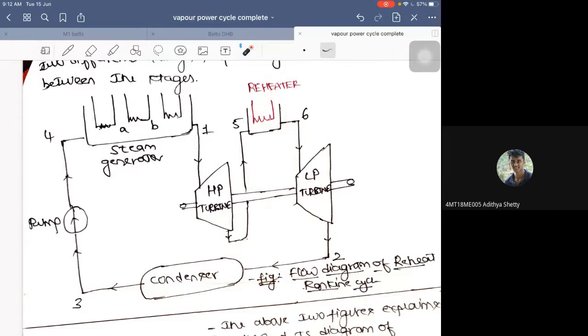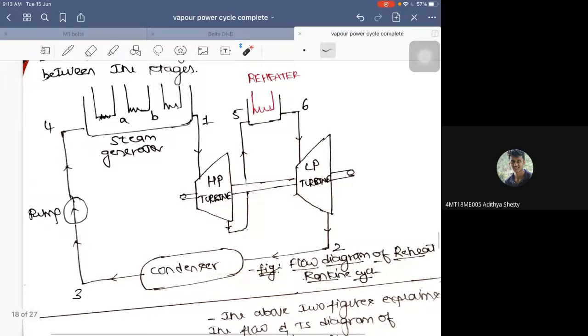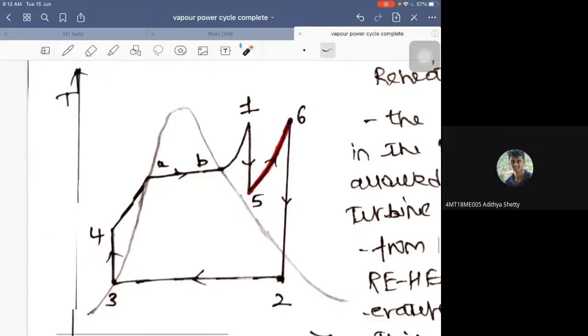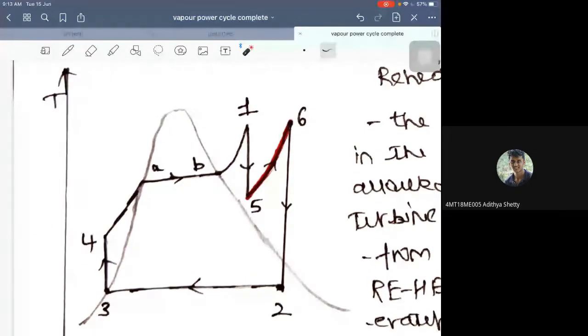It is similar to the Brayton cycle. In the Brayton cycle, once the expansion was done, again you heated it and sent it to another turbine. Correct? Similar thing is carried out here. Can you guess the TS diagram of this? Are you able to understand this?